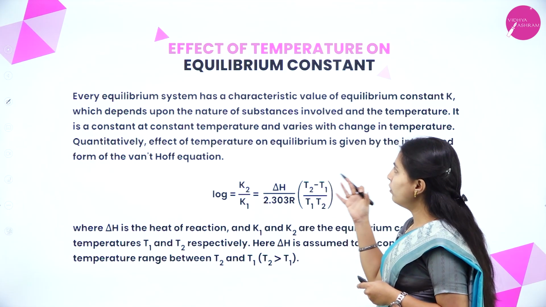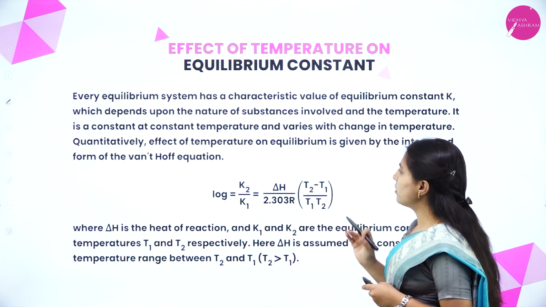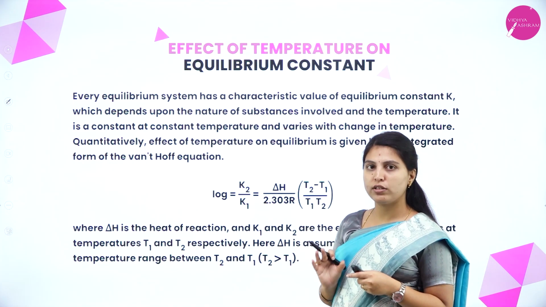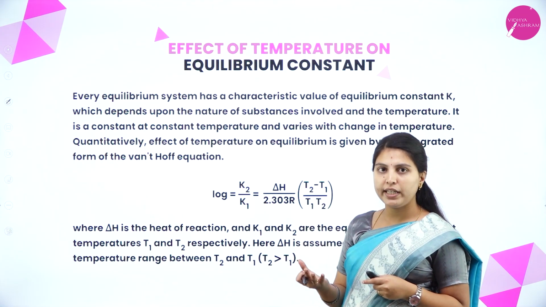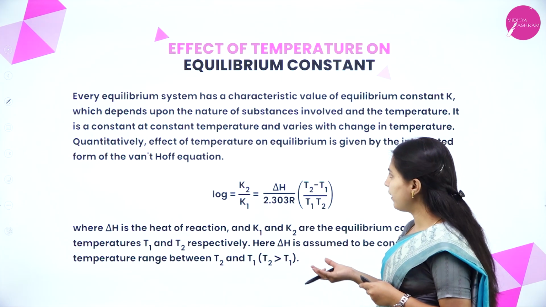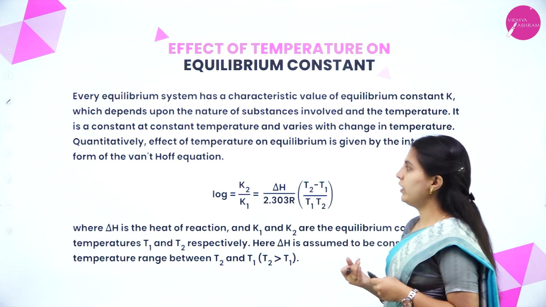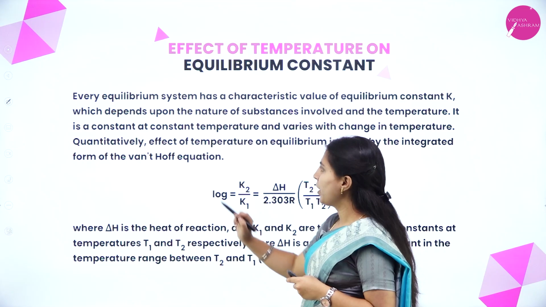So, how will temperature affect the equilibrium constant? If the temperature is constant, the equilibrium constant will also be constant. If the temperature varies, obviously the rate of reaction will change, and the equilibrium constant will also change.